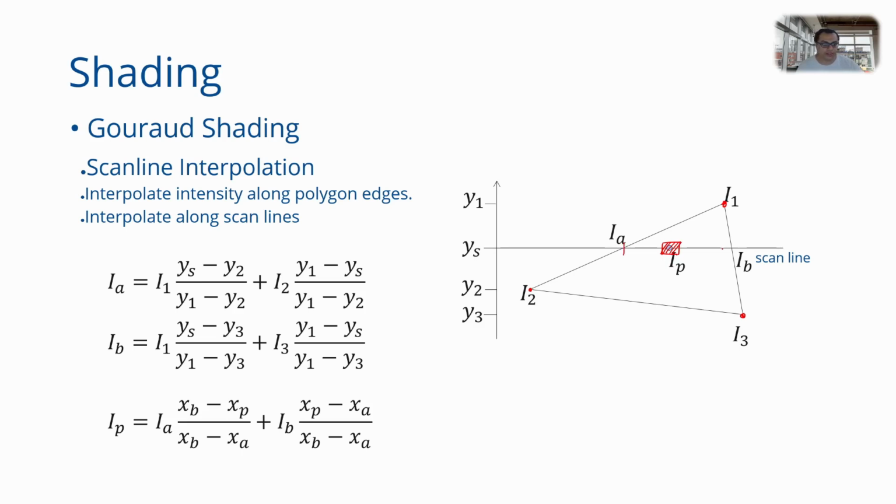So you will first compute the color at IA, then you will compute the color at IB using these, right? So this is just linear interpolation between I1 and I2 and I1 and I3. And then you linearly interpolate between IA and IB to get the color at IP. And you repeat this process for every pixel on every scan line. So this is standard scanline interpolation.